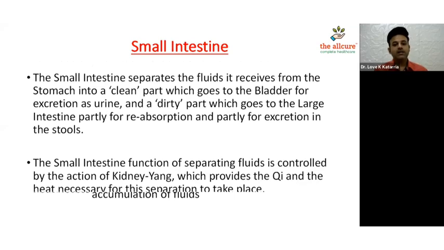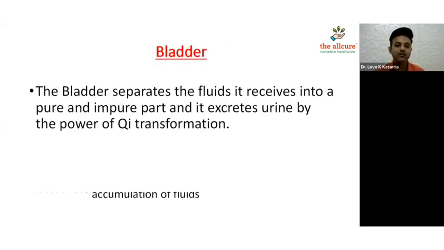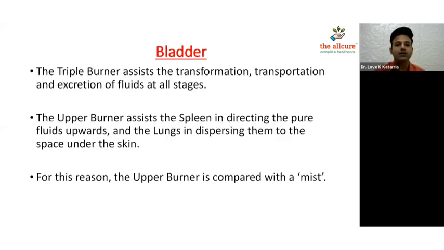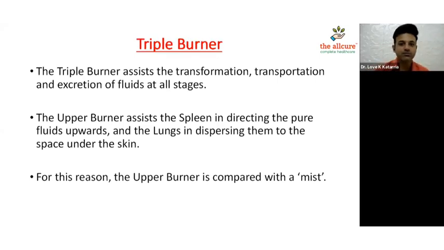This function of separating fluids is controlled by the action of kidney yang, as we have already seen. The bladder again transforms into pure and impure. The impure goes down as urine, and this is the energy received from the kidney yang. The triple burner assists the transformation, transportation, and excretion of fluids at all stages.